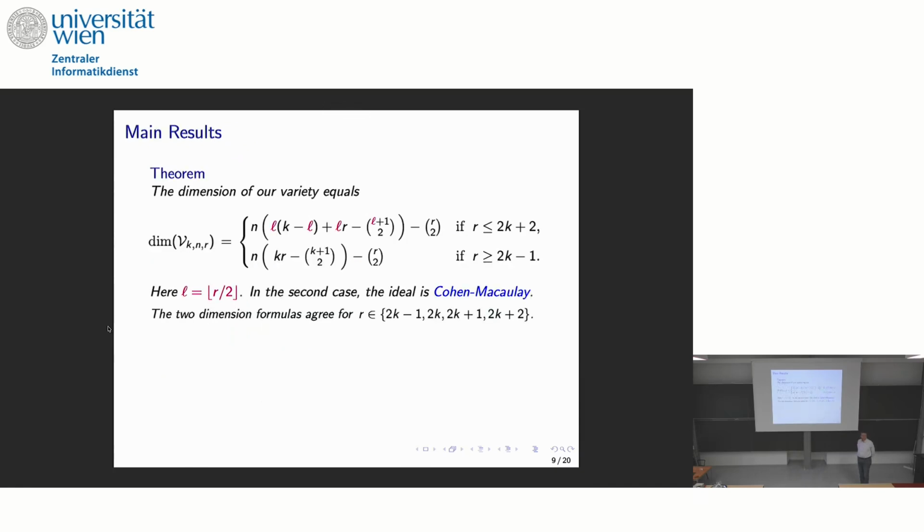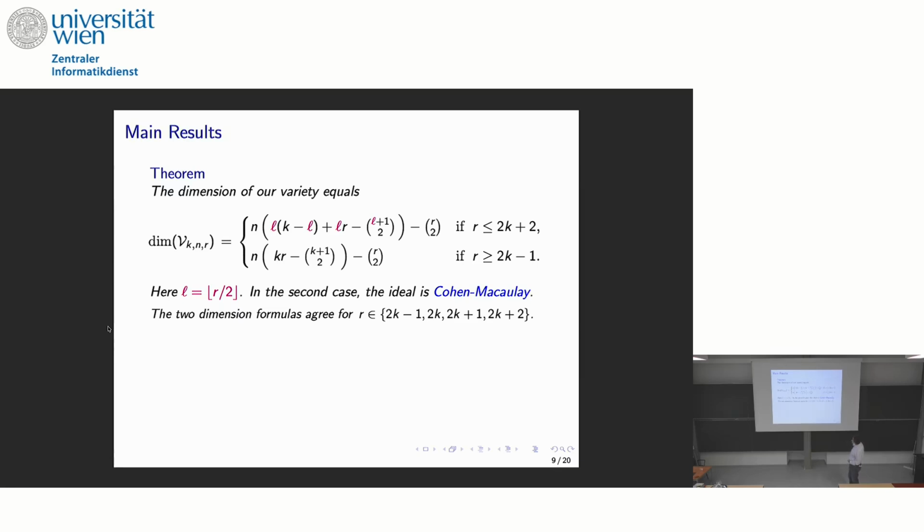Let me state a stronger version of the main theorem that incorporates both the high rank regime and the low rank regime. So the dimension of our variety is equal to this number. This is some number that depends on k, n, and r, and I'm going to write L for r over 2 rounded down. Right?